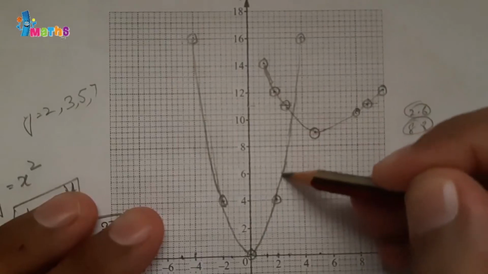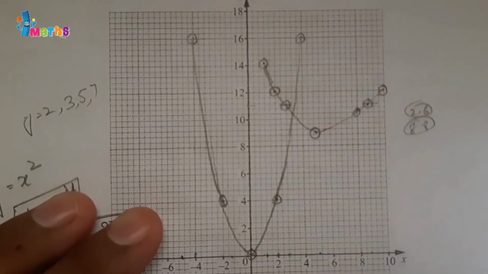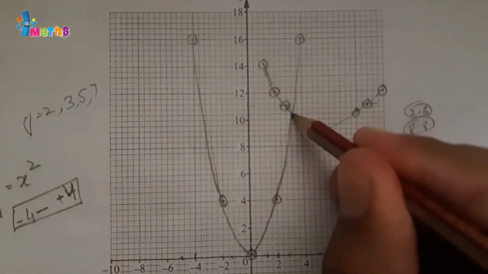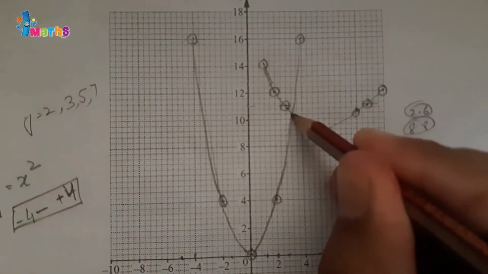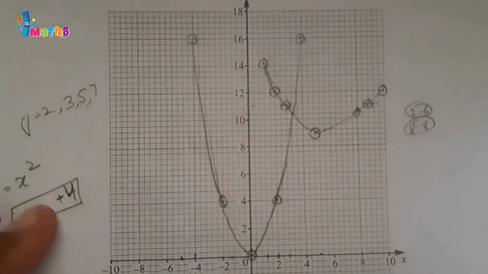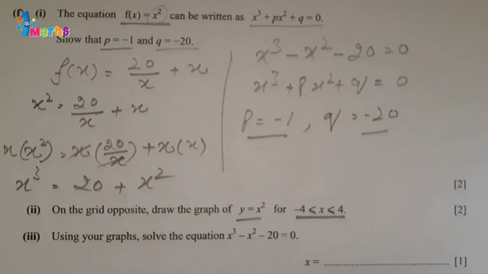So this will be our required graph. Now this is the point of intersection between these two graphs. If we go to the question again, it is saying on the grid opposite, draw the graph y is equal to x square. So we have drawn this graph, we have completed.